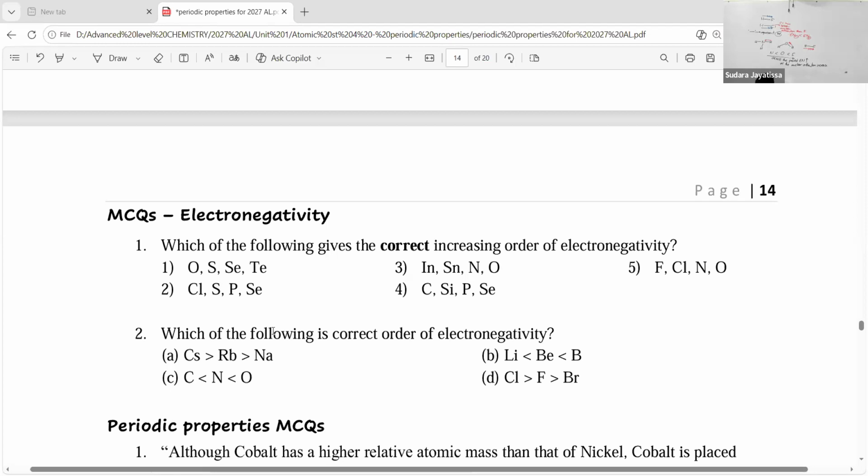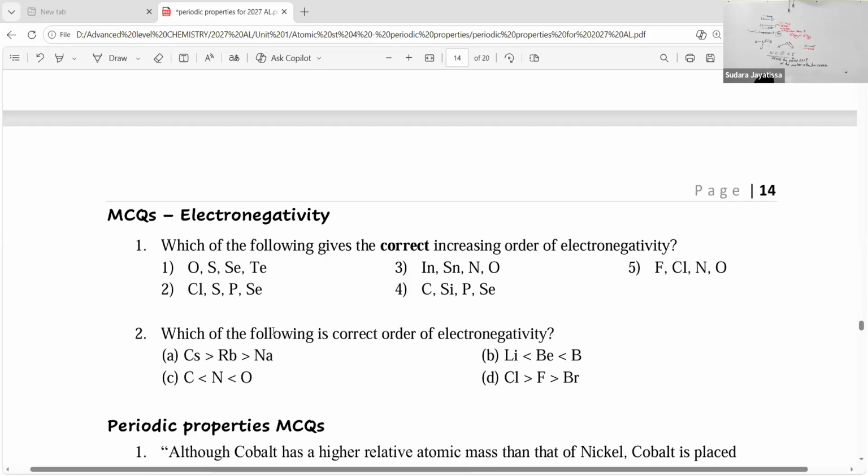Anyway, it's difficult to arrange it somehow. Selenium or silicon? You have the actual values, now go to the actual values and see. Selenium 2.4, phosphorus 2.1. Then write the correct order.